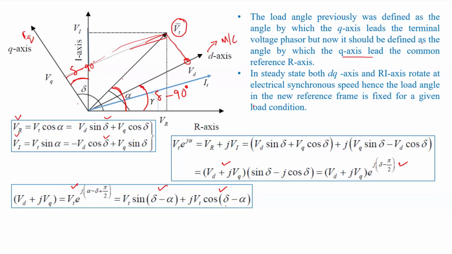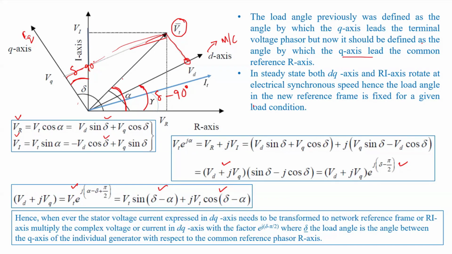Similarly, the current is making an angle of phi with VT, so we can write the current expression in the same way.